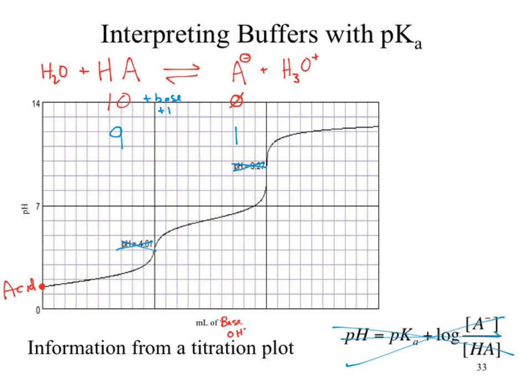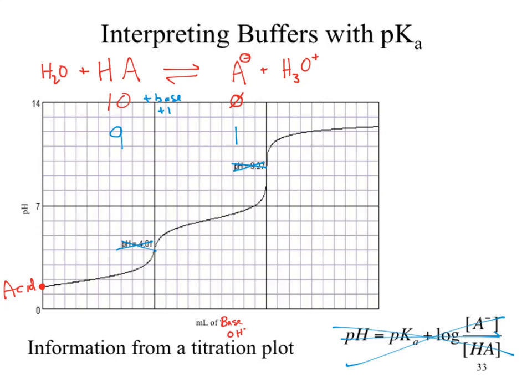Would it buffer acid? So if I add more acid, is there any A minus to react with it? No. So I add acid, what happens to pH? Falls through the floor and it gets super acidic. Okay? So a solution that is just HA cannot buffer acid because there's no conjugate base to react with it.